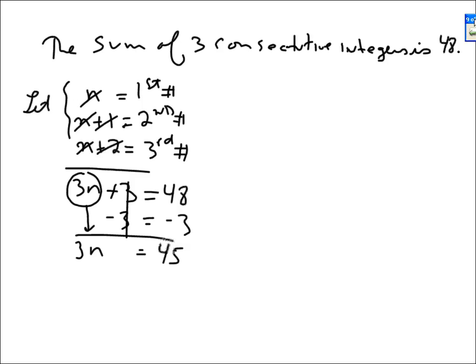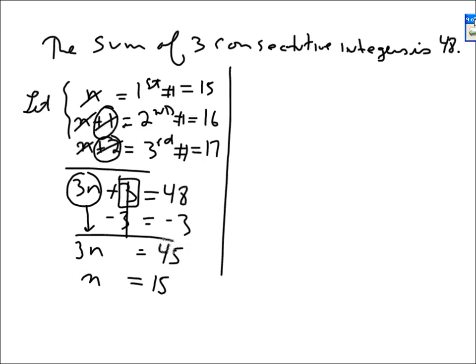Well, as 3 n's are 45, n is 15, because 3 times 15 is 45. So n is 15, n plus 1 is 16, n plus 2, 15 plus 2 is 17. Now, maybe it's not such a big deal, but we had the plus 1 and the plus 2, and we had 3 that we had to get rid of.